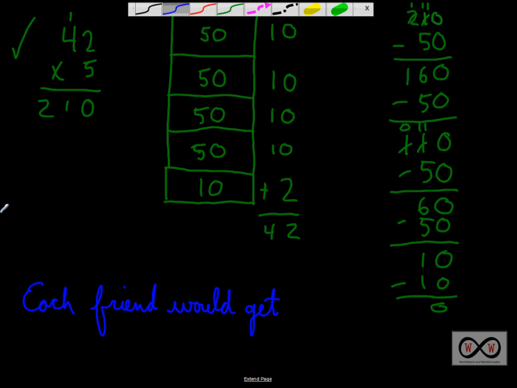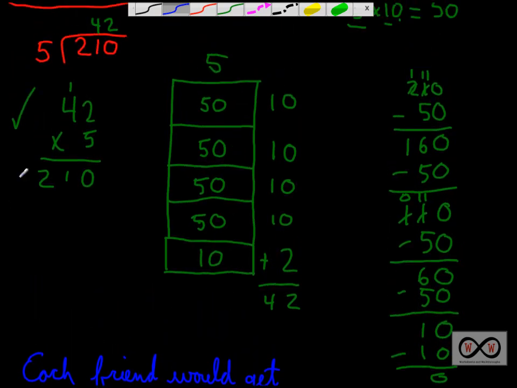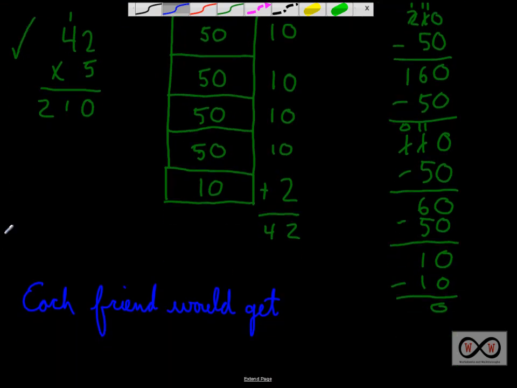Let's make sure we get our correct answer in there. We've got 42 here, 42 up here. That was our quotient, or the answer to our division problem. So each friend would get 42 points.